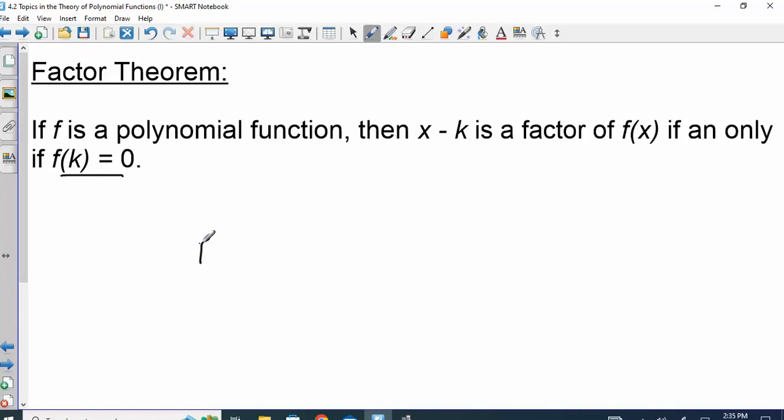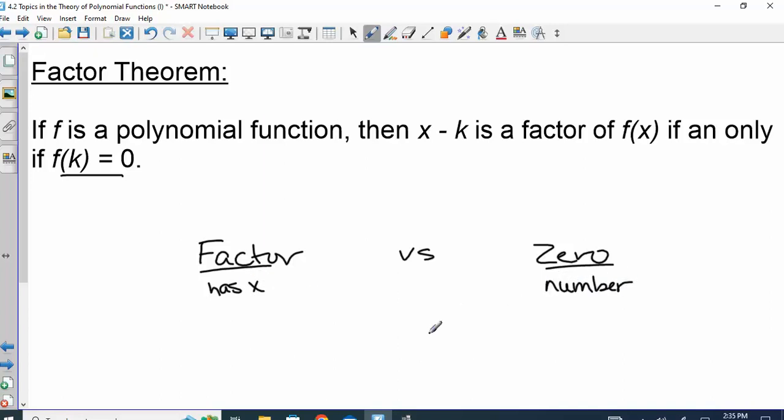One thing I want to stress: I want to make sure you know the difference between a factor and a 0. A factor has x in it. A 0 is just a number. So a factor would be x minus 3. The 0 that matches that, what makes x minus 3 equal 0?